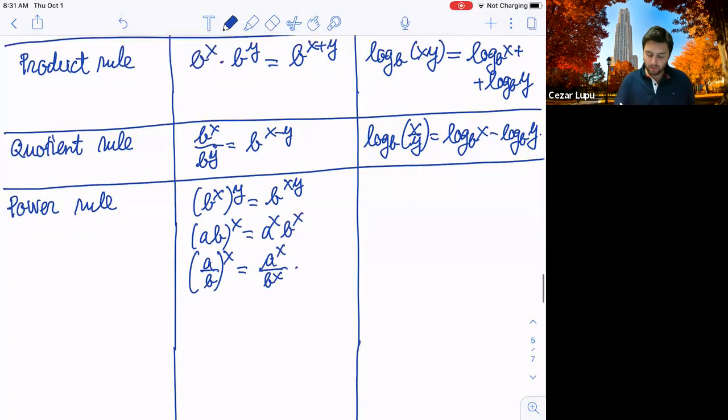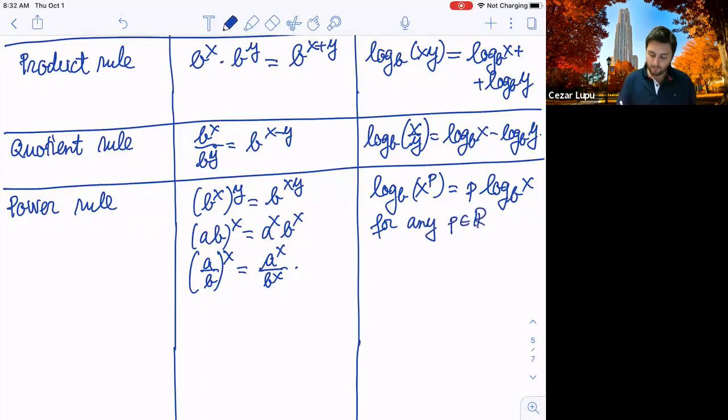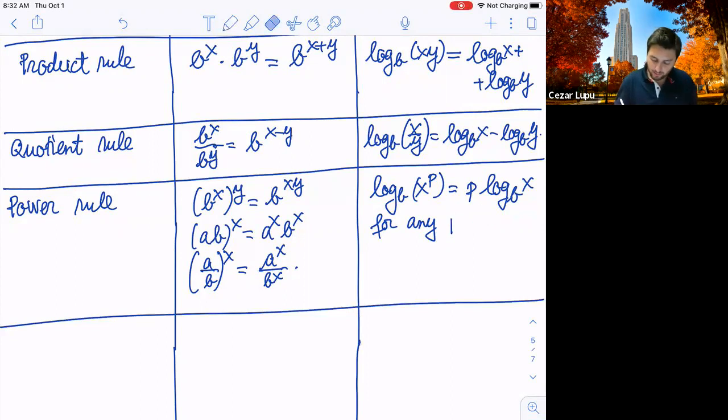And also, we have here log in base b of x to the power p, let's say. This will be nothing else than just p times log in base b of x, for any real number p. Okay. In fact, let me write in words here. For any real number p.